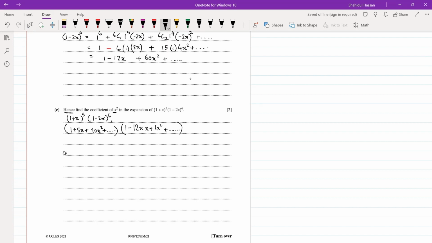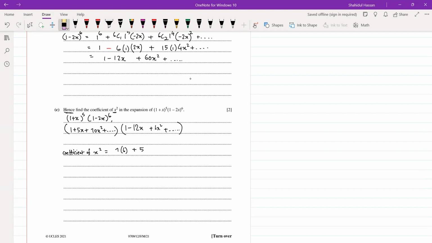If I ask you to find the coefficient of x squared, then 1 multiplied with what will give me x squared? If I multiply 1 with the 60x squared, then I'll get x squared. And then 5x, what should I multiply it with in order to get an x squared? I should multiply what?